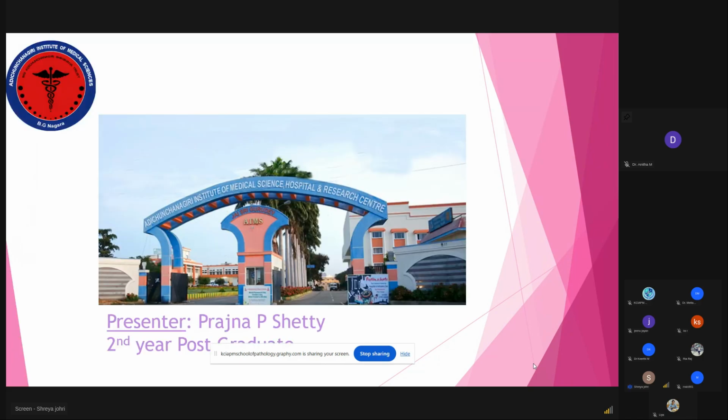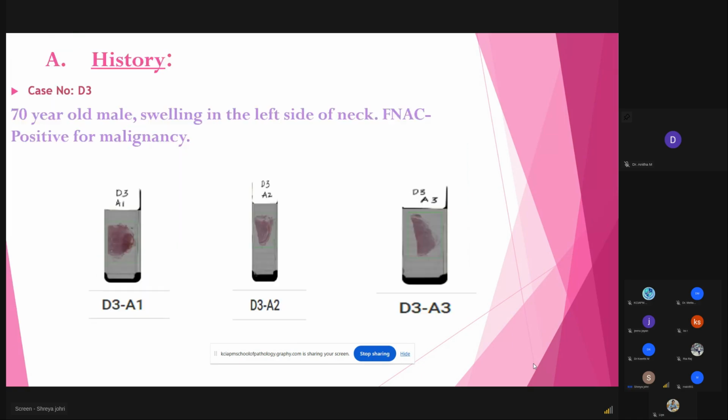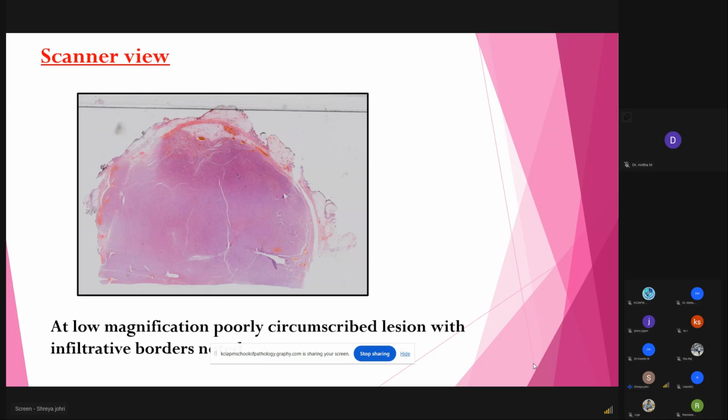Myself, Pradnya Shetty, second year postgraduate from Adichunchanagiri Medical College. The case allotted is case number D3, A1, A2, A3. The history is a 70-year-old male with swelling in the left side of the neck, FNAC positive for malignancy. In the scanner view, at low magnification, a poorly circumscribed lesion with infiltrative borders is noted.